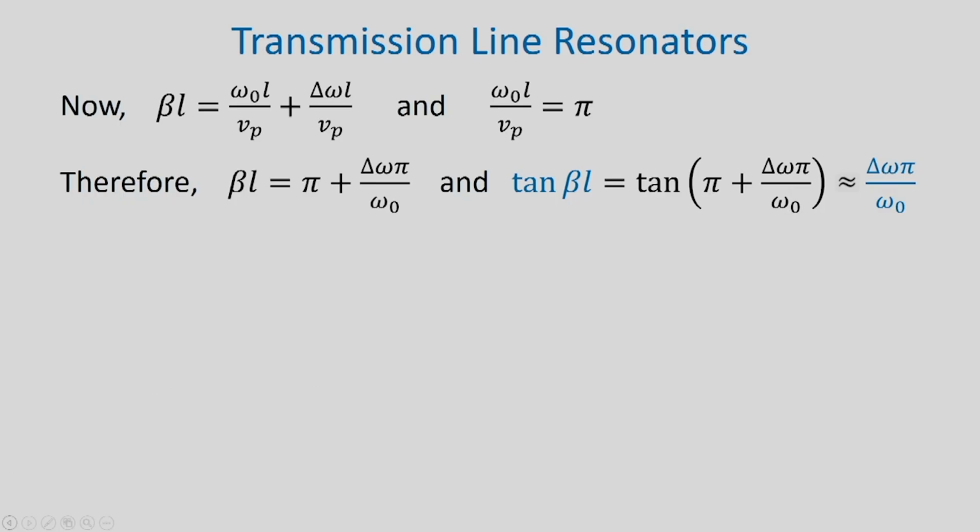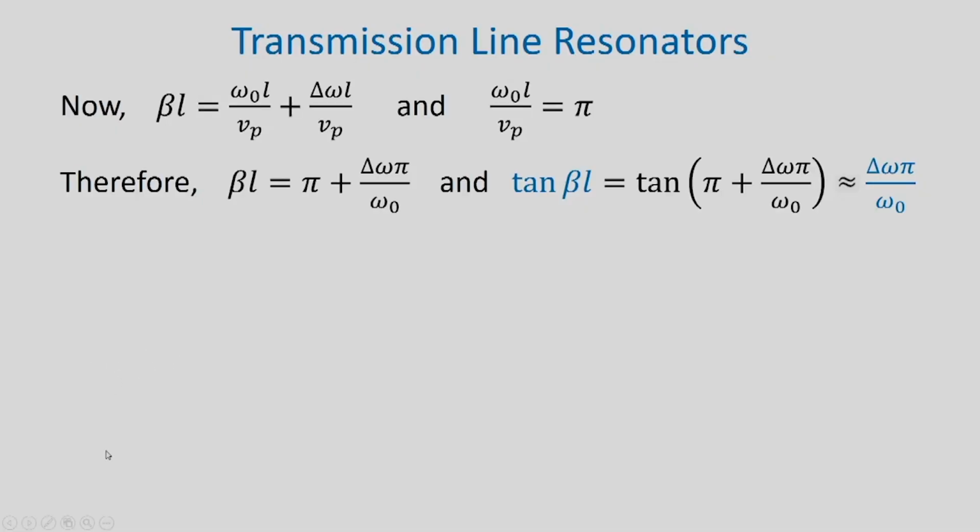Now, delta omega being very small compared to omega naught, we can use the approximation. First of all, tan(pi plus theta) will become tan theta, and then we can use the approximation for small theta, tan theta equal to theta. So, we can write tan beta L to be approximately equal to delta omega pi divided by omega naught.